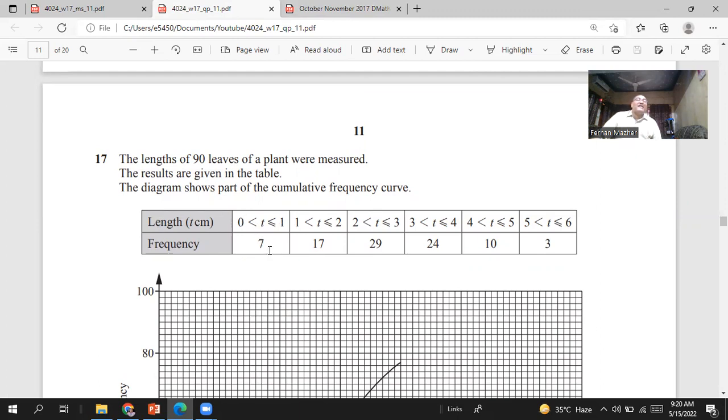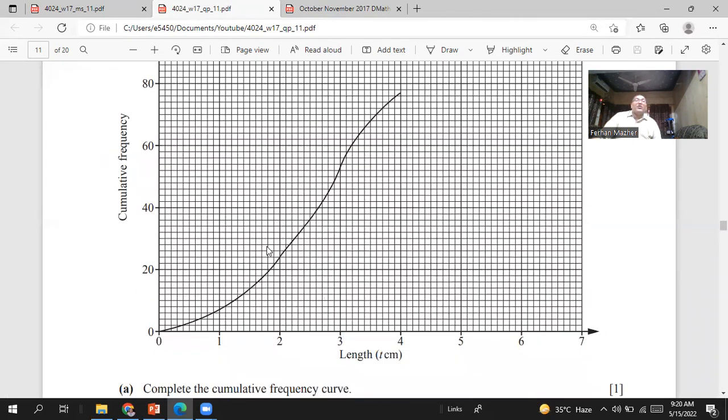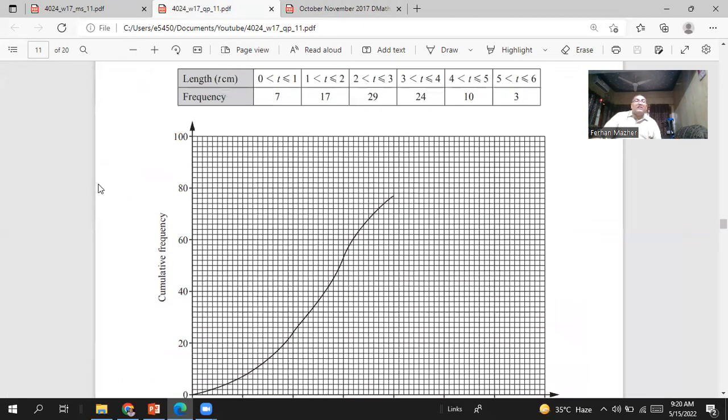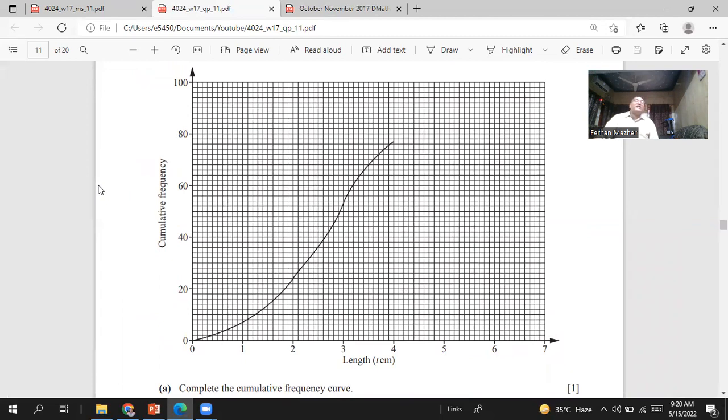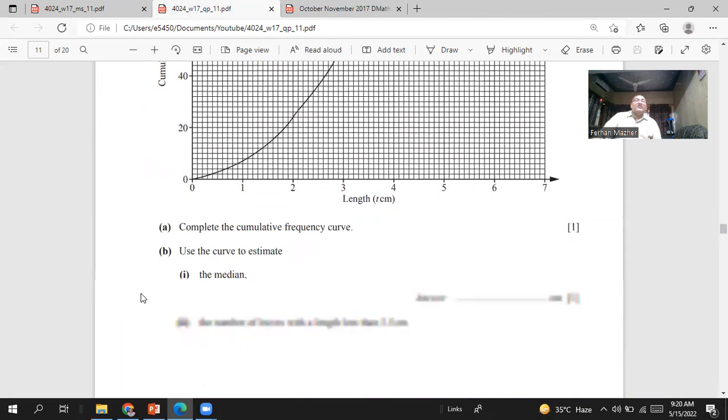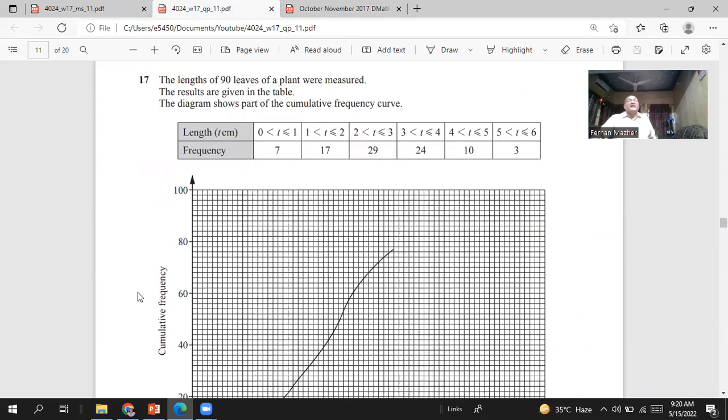From 0 to 1 the frequency is 7, 1 to 2 is 17, 2 to 3 is 29, 3 to 4 is 24, 4 to 5 is 10, 5 to 6 is 3. This is represented on a cumulative frequency curve, which is showing up here. Their first question: complete the cumulative frequency curve. It is not completed. It is completed up to 4.